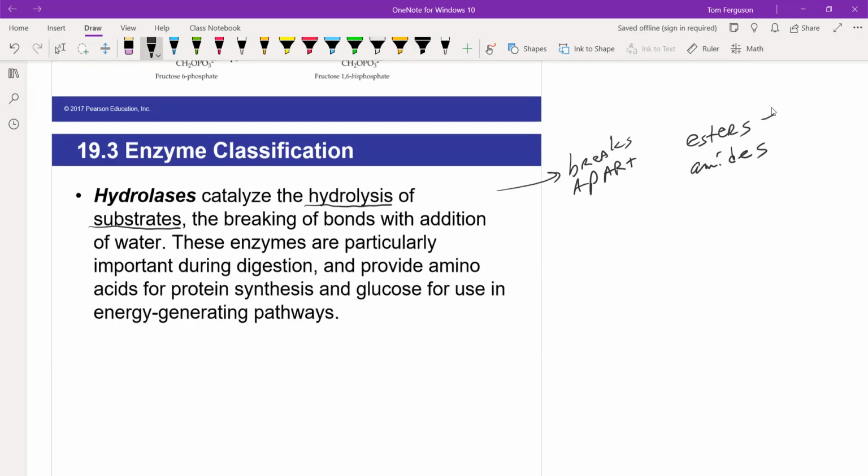And the esters are important in terms of fats, amides, proteins, and then we have esters in terms of RNA. The nucleotides are tied together via phosphate esters, the deoxy and ribose sugars.